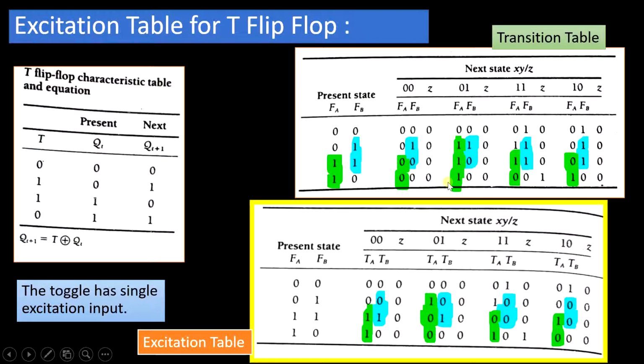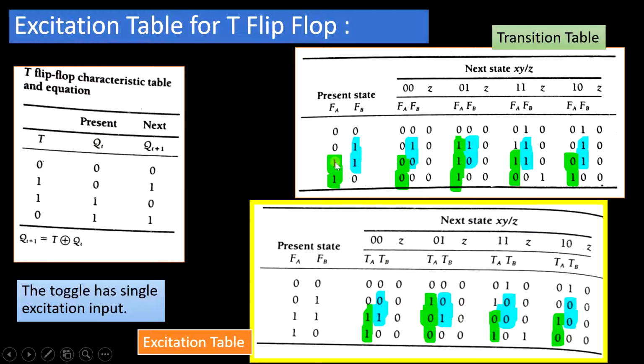Now in this case, what we are doing is replacing the transition table with an excitation table by looking at the characteristic table. So if you observe in the T flip-flop, we have two flip-flops here, FA and FB. So it would be replaced with TA and TB, two T flip-flops.